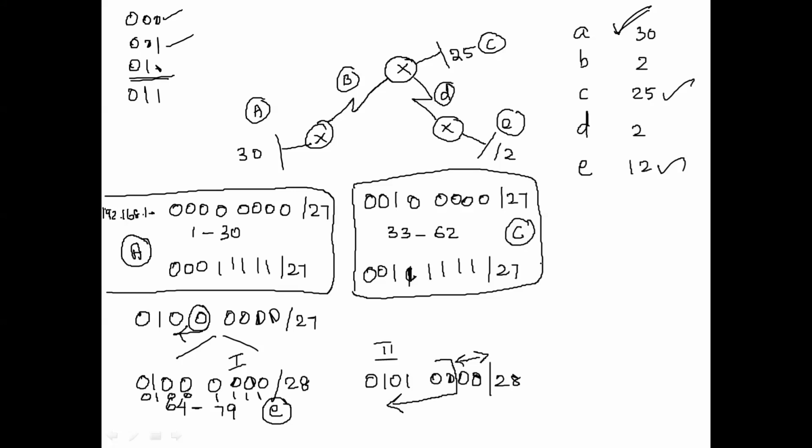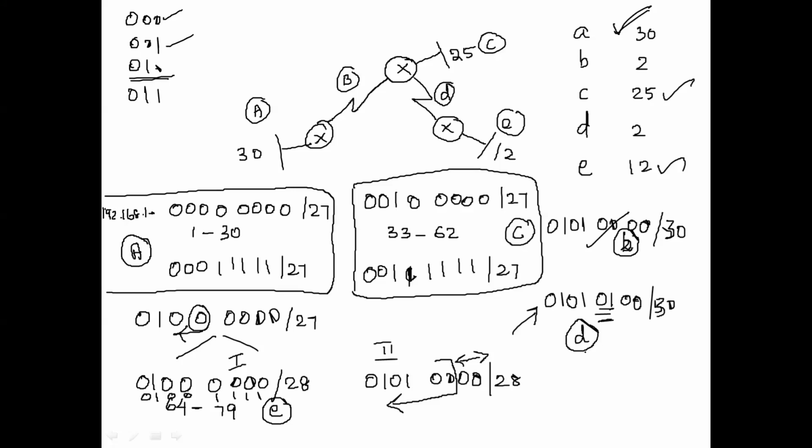What I'll get here is 0 1 0 1 0 0 0 0 /30. Then 0 1 0 1 0 1 0 0 /30. Similarly, I'll get 1 0 and 1 1. This one I assign to the B network, and this one to the D network.